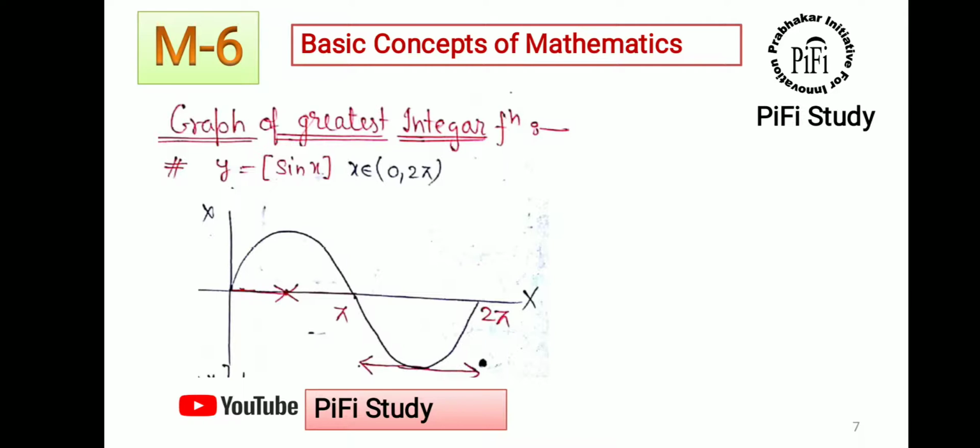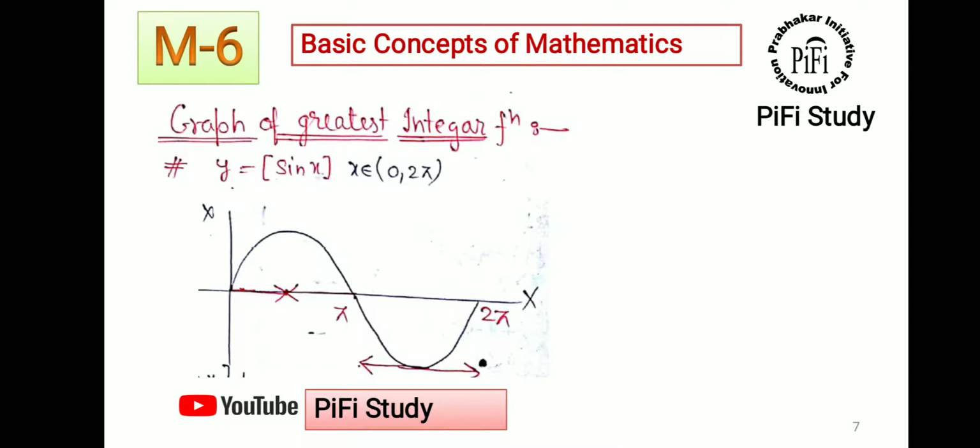the graph for y equal to sin x. See, from 0 to pi, the value of pi is 3.14. So between 0 and pi there are two integers. So when you go from 0 to pi, there is 0 to 1, 1 to 2, and then 2 to 3.